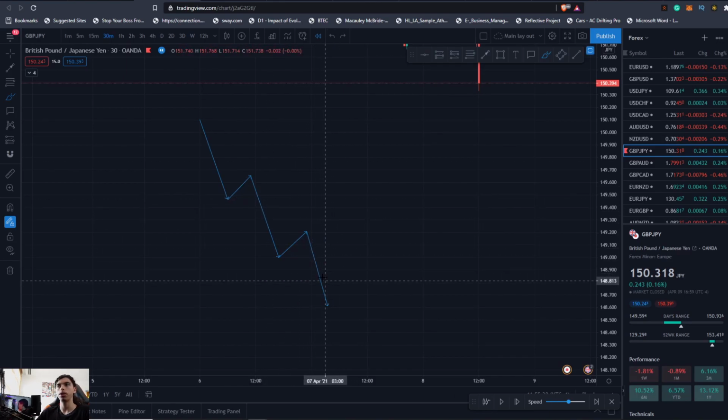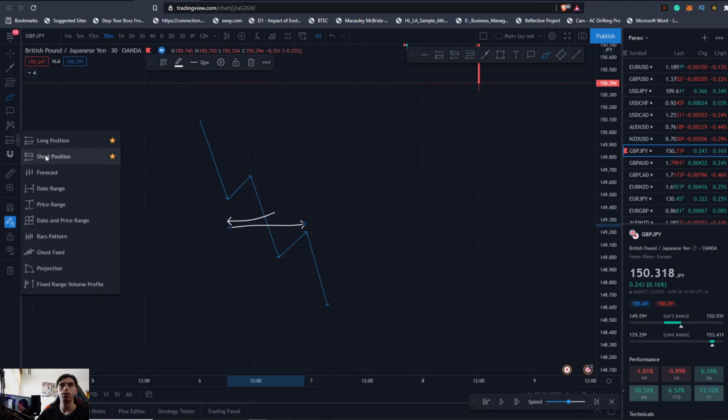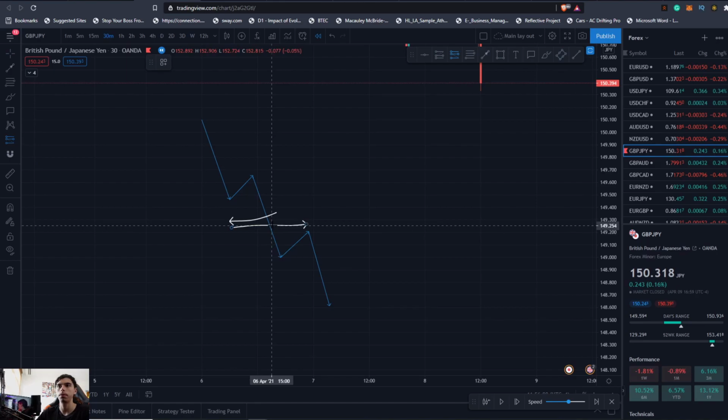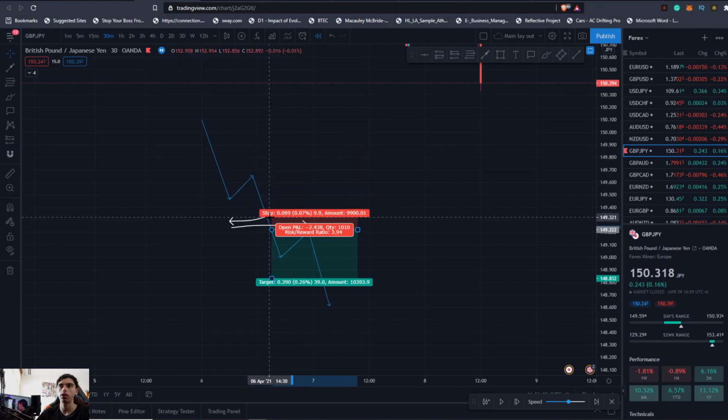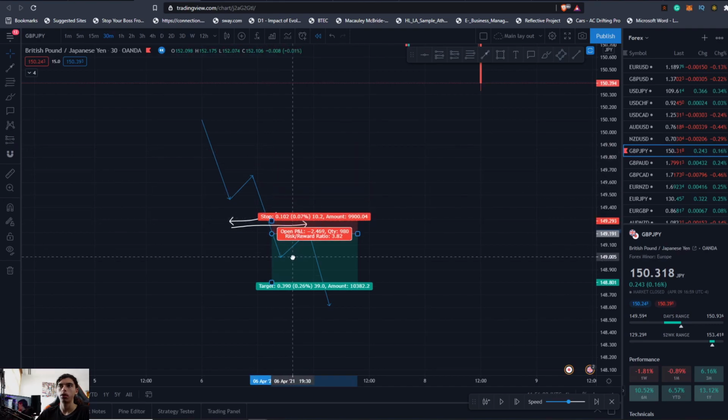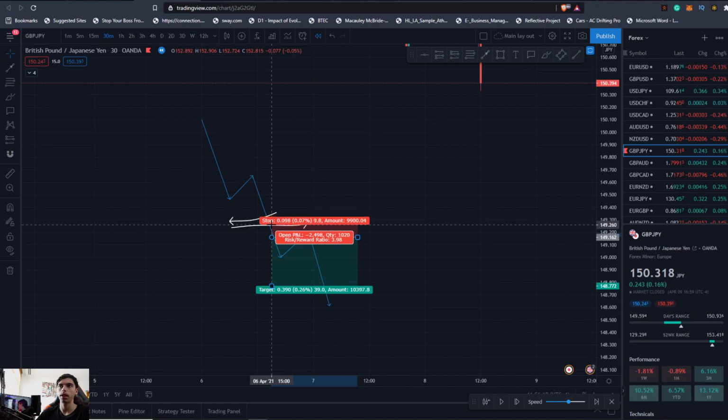So the issue is if you're trying to take a trade somewhere around here after seeing the market move, and you put in a short position here, and your take profit is, let's say, somewhere here, and then on the lower time frames you're something like this, right?